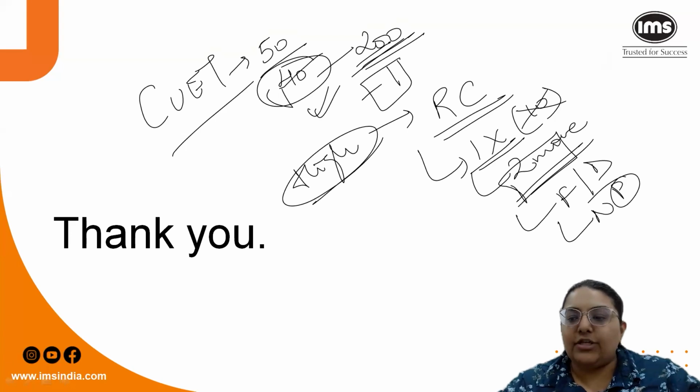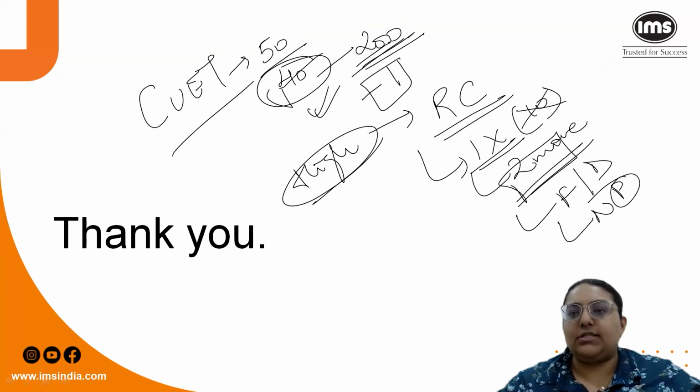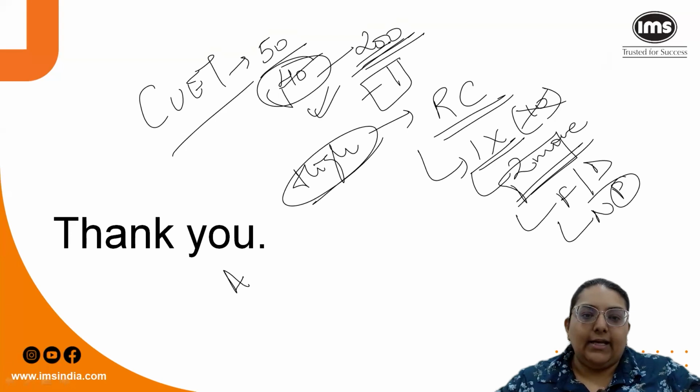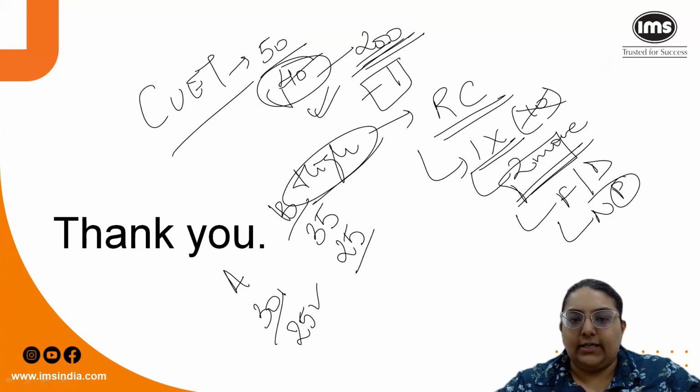So it's more about efficiency, rather, it's more about accuracy rather than the number of questions that you are attempting. So let's see, for example, there is a candidate A who does 30 questions, and out of 30 questions, his 25 questions are correct. But there is candidate B who has done 35 questions and his 25 questions are correct.